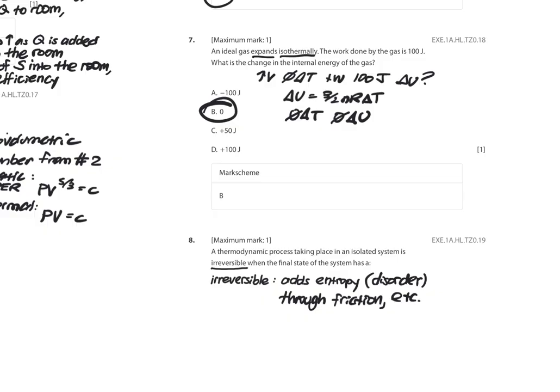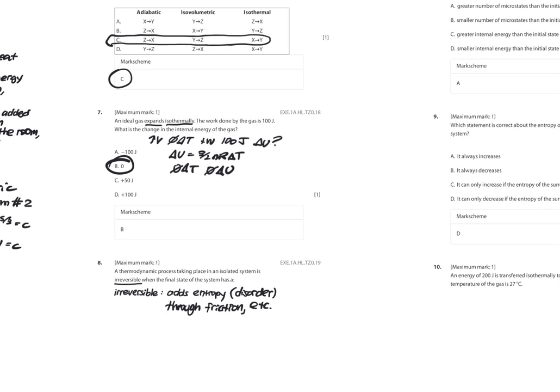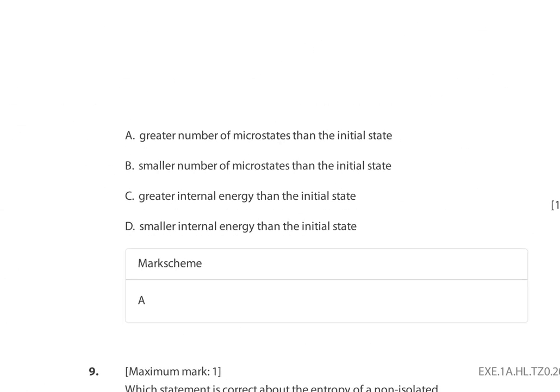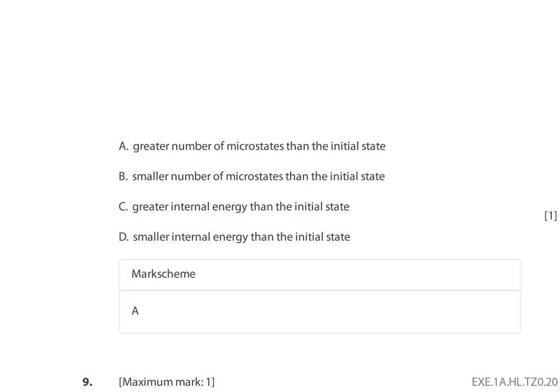Processes are irreversible when you add entropy into the system. So basically, the process is irreversible if, as a result of it, the entropy increased. These answers don't say anything about entropy.